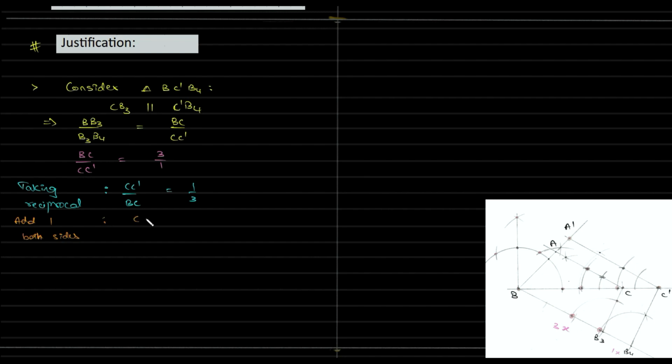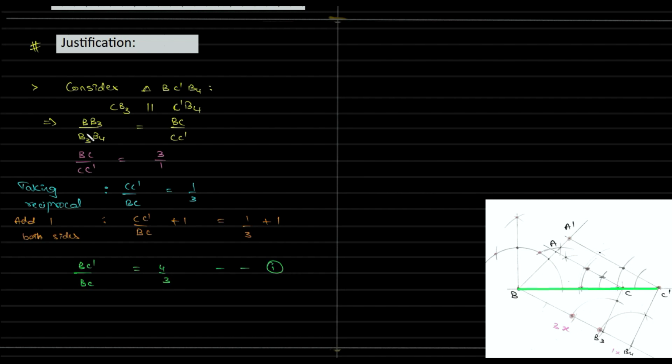That would give us CC dash by BC plus 1 to be equal to 1 by 3 plus 1. So the LCM over here is 3, and CC dash plus BC would give us BC dash. So BC dash by BC will give us 4 by 3.